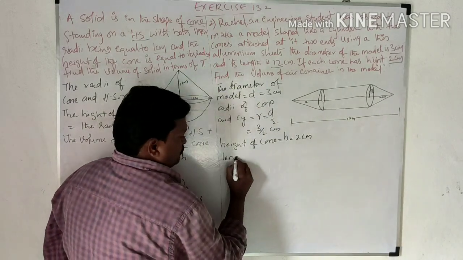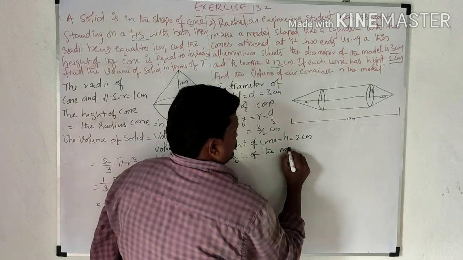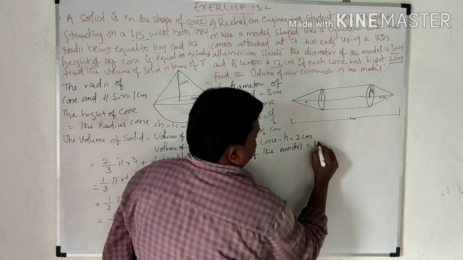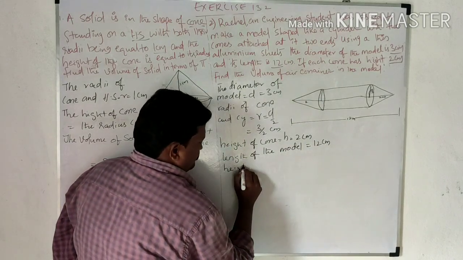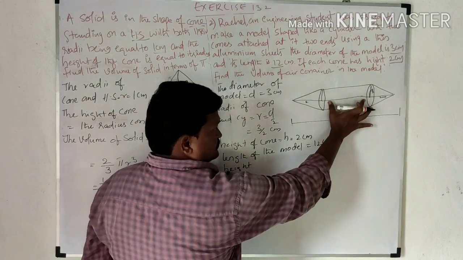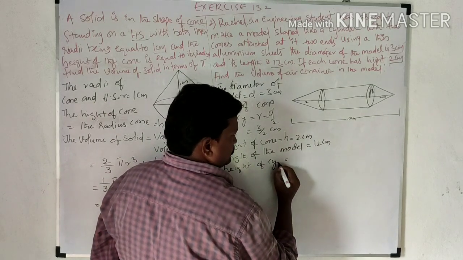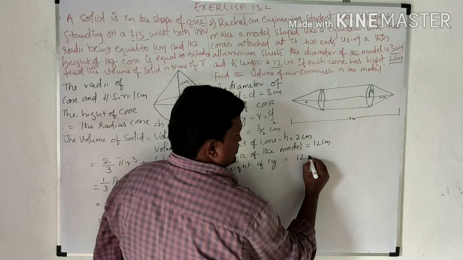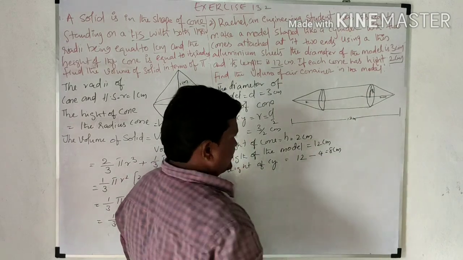And the length of the model is given. Length of the model is 12 centimeters. Now height of cylinder is equal to 12, total length, minus 2 ends, that is 4, that is equal to 8 centimeters.